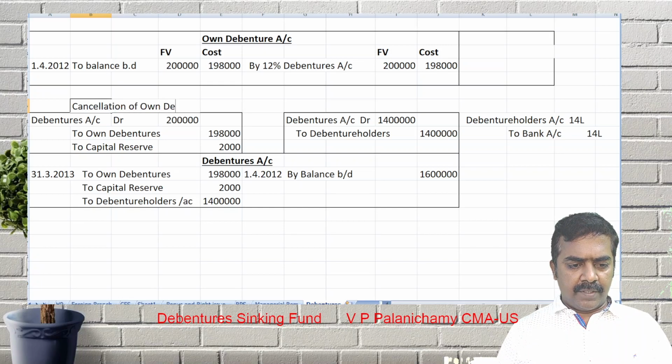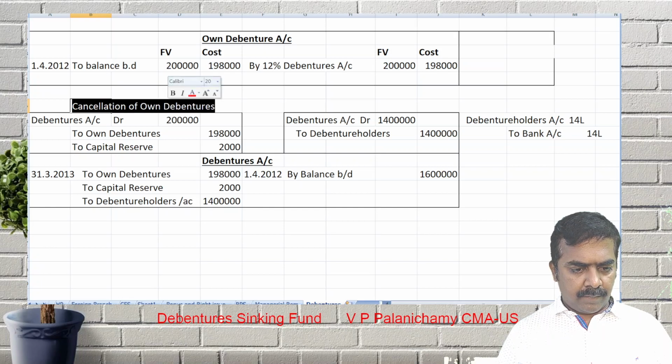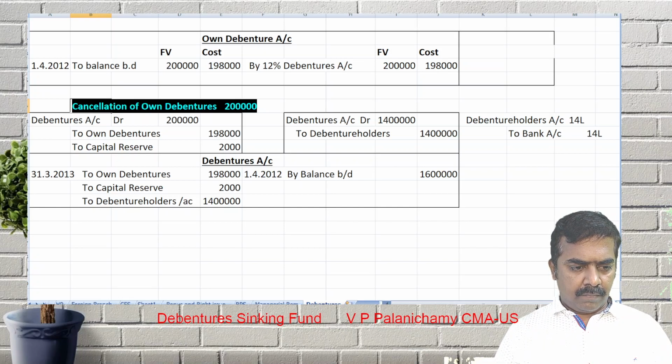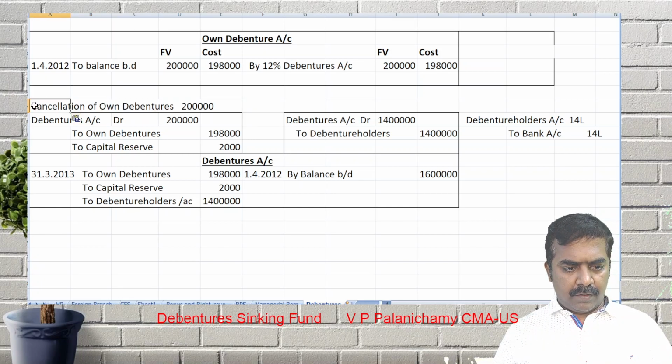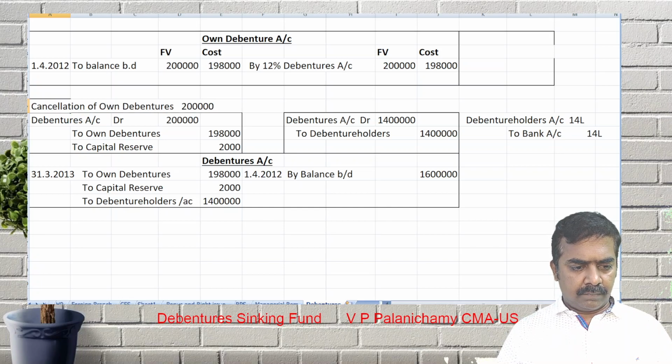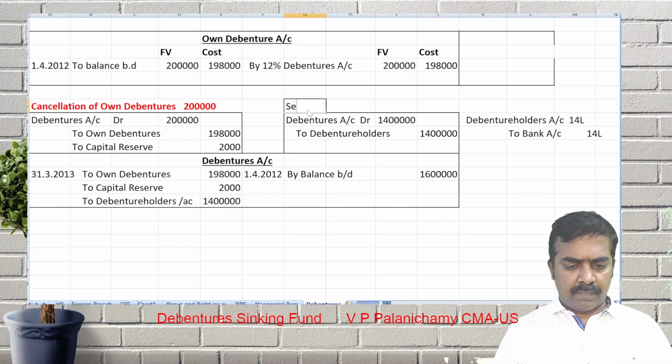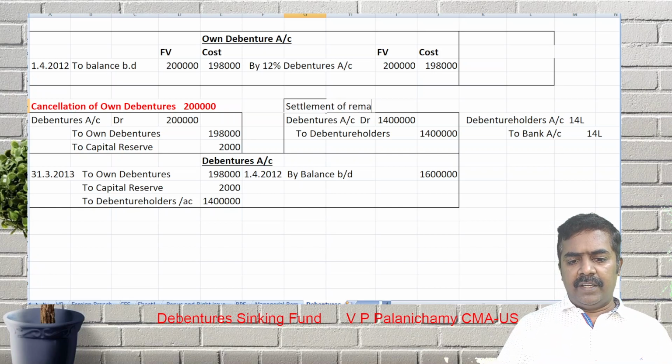Cancellation of own debentures. Two lakhs. What is this? Settlement of remaining debentures.